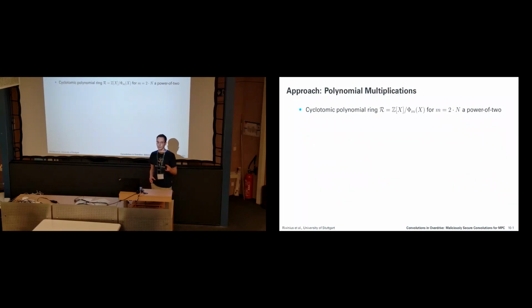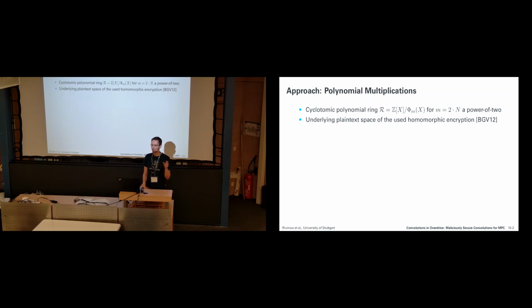So how do you actually find then efficient packing methods for convolutions? For this, you can look at polynomial multiplications, more specifically for cyclotomic polynomials, which happens to be exactly the underlying plaintext space of the homomorphic encryption you usually use for MPC.